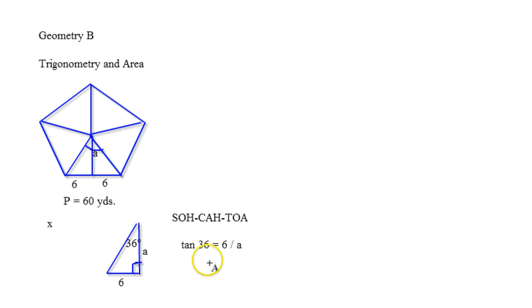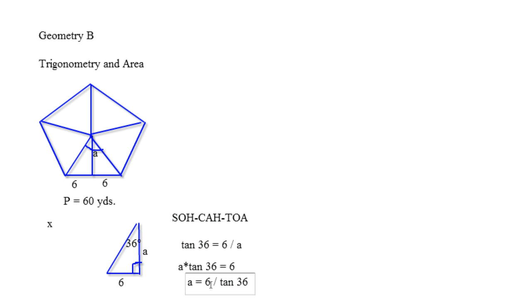I have a on the bottom, so I'm going to multiply both sides by a. So a times tangent of 36 is equal to 6. Now I'm going to divide both sides by tangent of 36. So a is equal to 6 divided by tangent of 36.